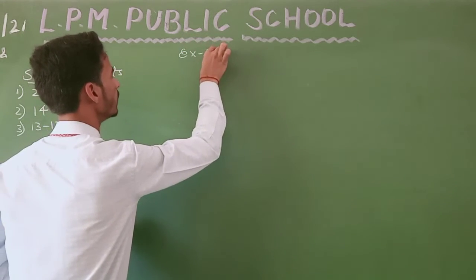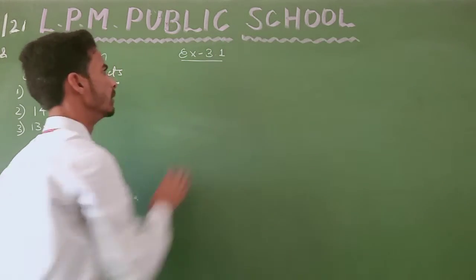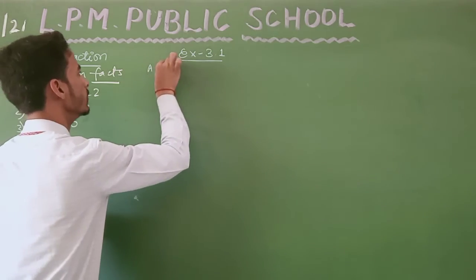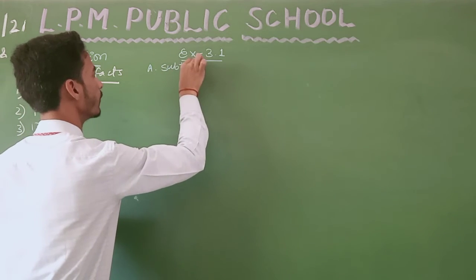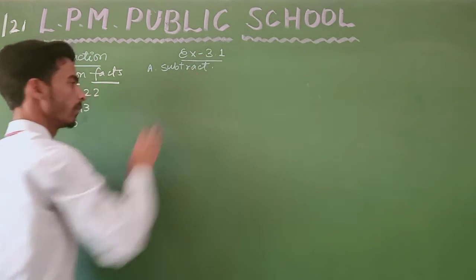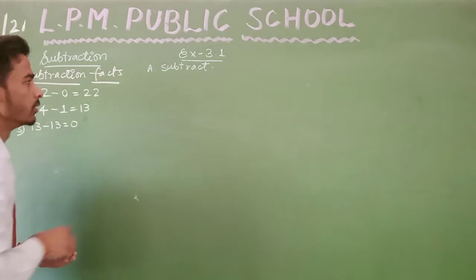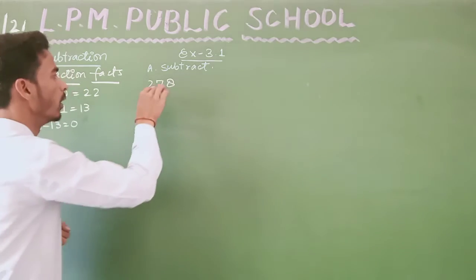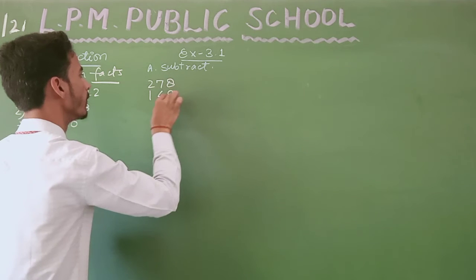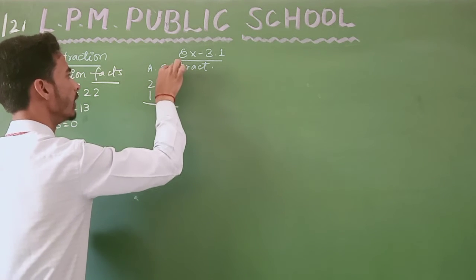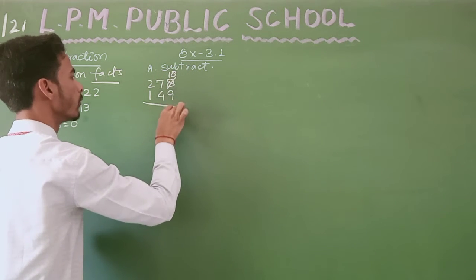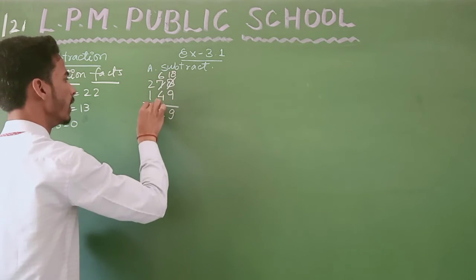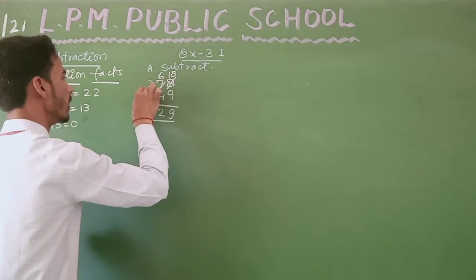Exercise 3.1. Question number A is subtract. There are some questions. 278 minus 149. Here will be 18 minus 9, 9, and 6 minus 4, 2, and 2 minus 1, 1. So 129.